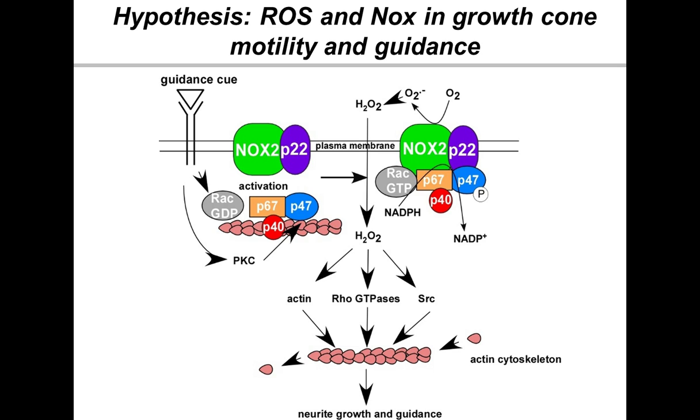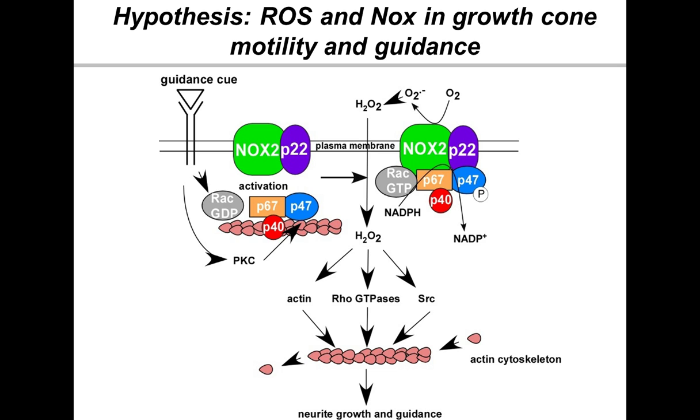Nox2 is a multi-subunit enzyme complex that has two components in the plasma membrane, in green here Nox2 and in purple P22, but they're not sufficient in this case because they're being activated by cytosolic subunits labeled here as P67, P47, and P40, as well as RAC in its GTP bound form. So when these 6 subunits come together, then the complex produces superoxide on the outside of the cell from oxygen.